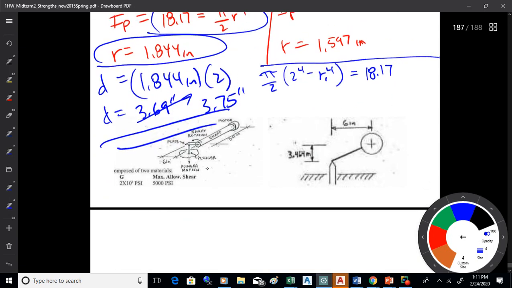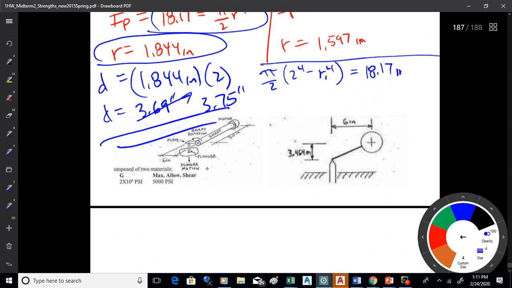So you can solve this one for R1, and that will get you 1.45. Okay. So to find the diameter, then you can take the 1.45 times 2, and that'll get you 2.90.